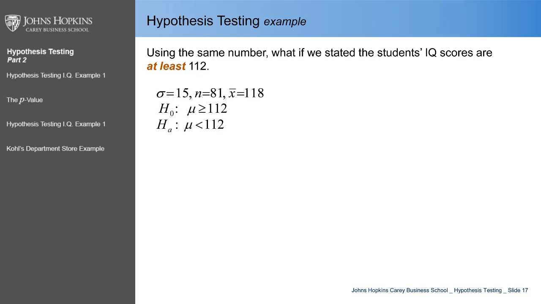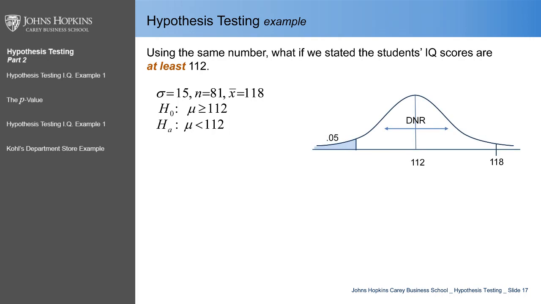Our values are going to stay the same, but now our hypothesis changes because we stated that the IQs are at least 112. Well, at least, the mathematical relationship is greater or equal. So now that's our null hypothesis, and the alternative is mu less than 112. This indicates that we're going to have a tail for the rejection region on the left.